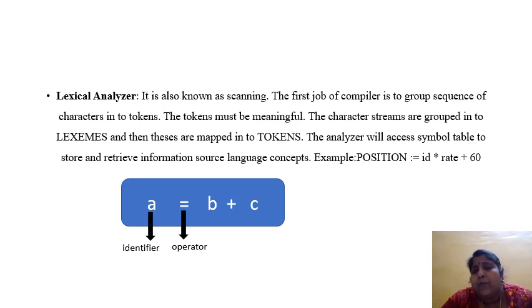In the same way, in the example position is equal to ID asterisk rate plus 60, we are having three operators, that is the equal to, multiplication sign and addition, asterisk and plus. Position, ID and 60, these three are the identifiers.